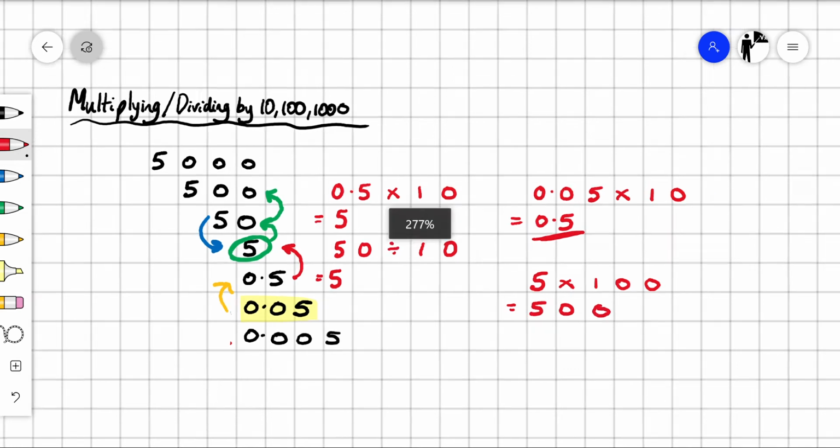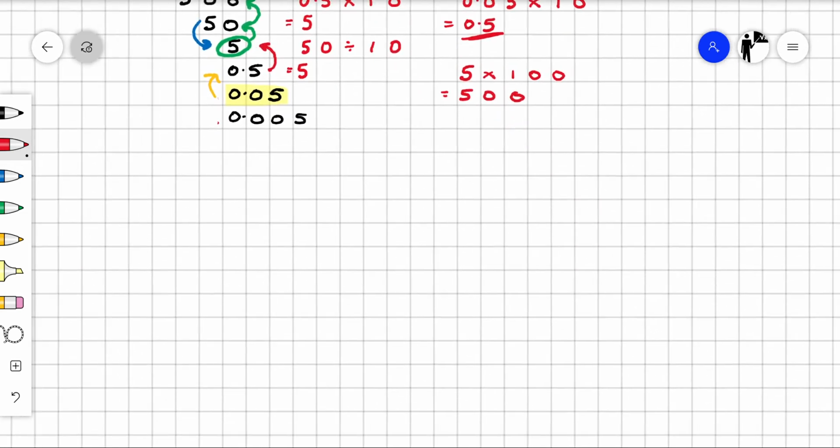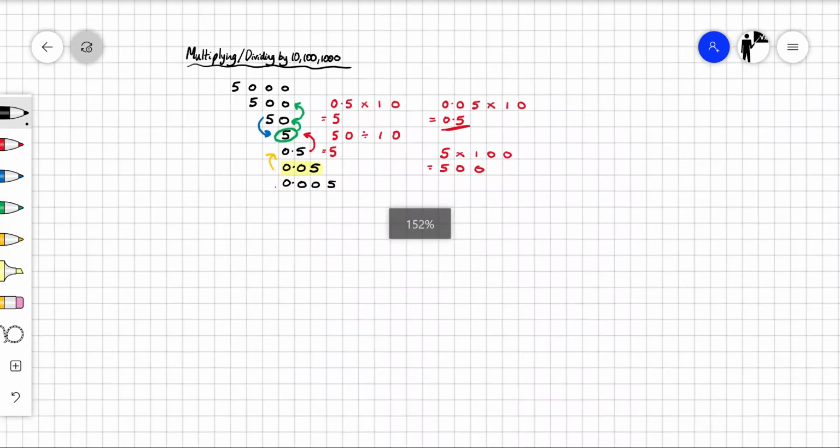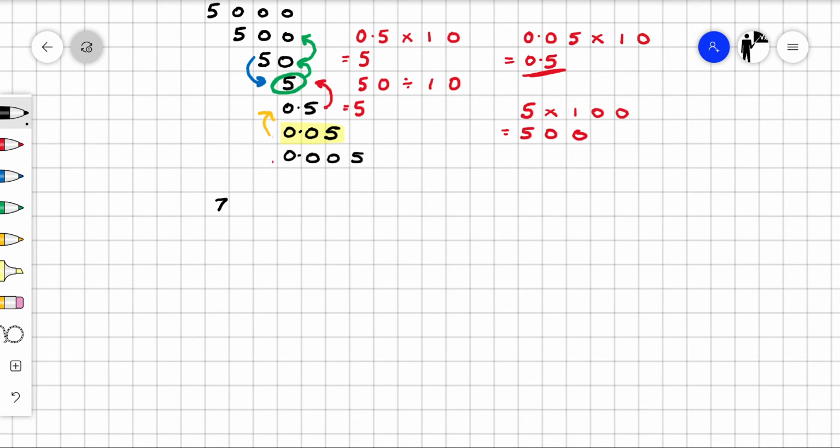Okay, let's have a new grid. There we were just looking at the number 5 and how that could be built up. But if we looked at, for example, 7, 7,000, if we divided that by 10, by 10, by 10, by 10, by 10, we get 0.07.